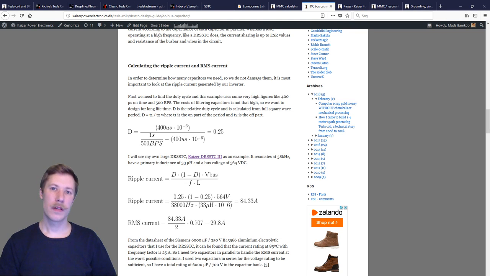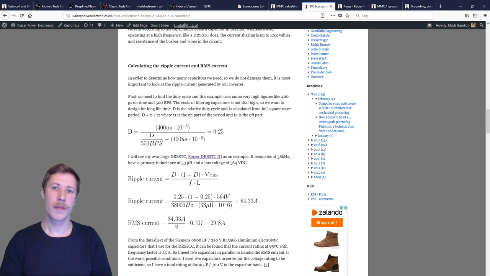In order to get more current delivered faster from your DC link to the inverter, you will have to use capacitors with a lower internal resistance. Fortunately for us, we live in a time where DC link capacitors are changing from electrolytic capacitors to MKP, or polypropylene capacitors, the same type that we use as snubbers, as MMC capacitors and so on.